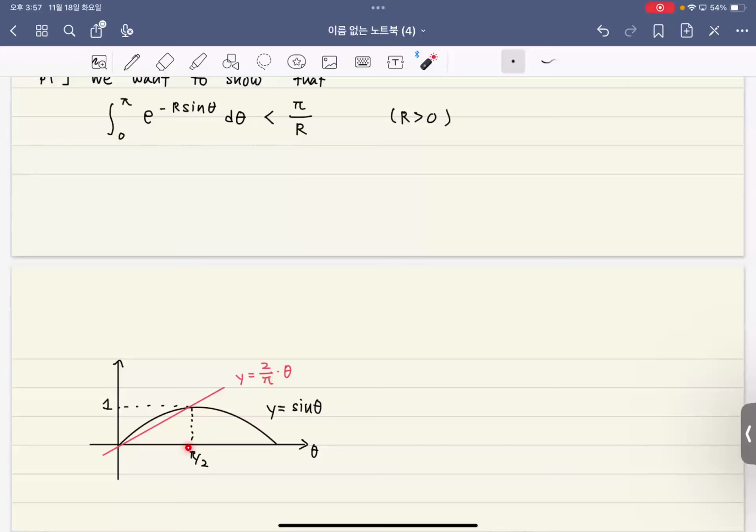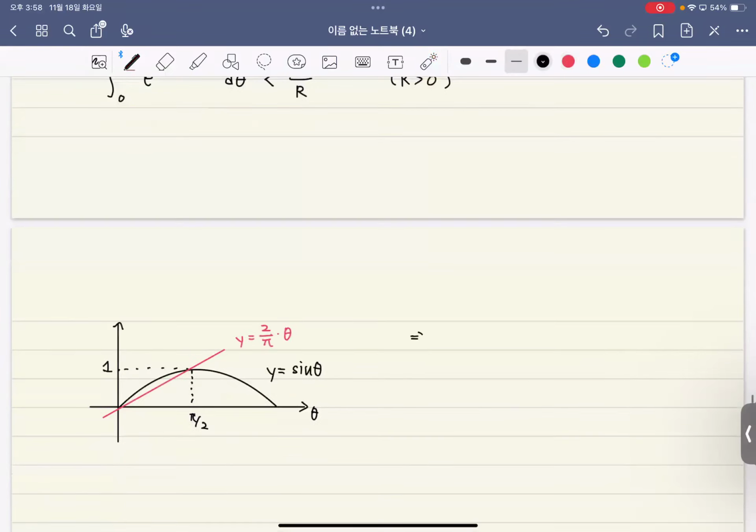On this closed interval, clearly the sine curve is above this line segment. So sine theta is bigger than 2 theta over pi here, and so minus R times sine theta is less than minus R times 2 theta over pi.